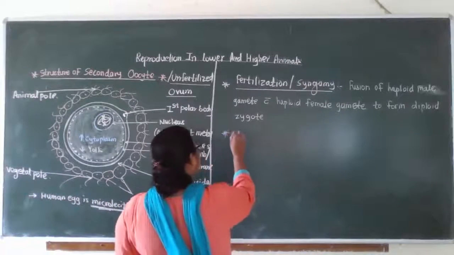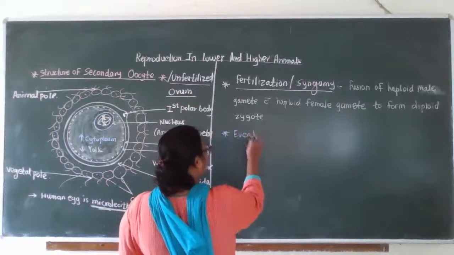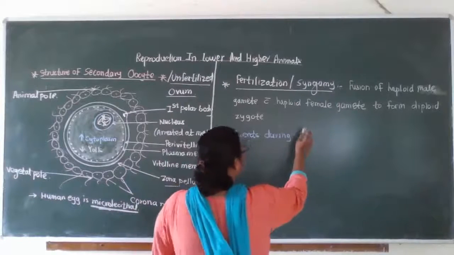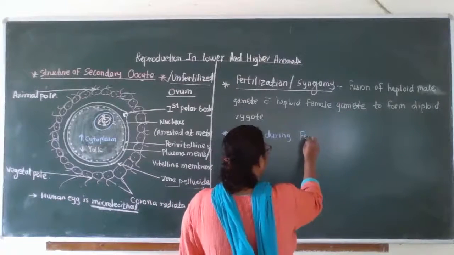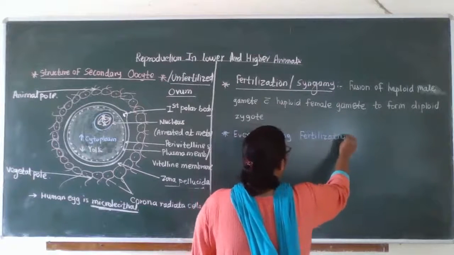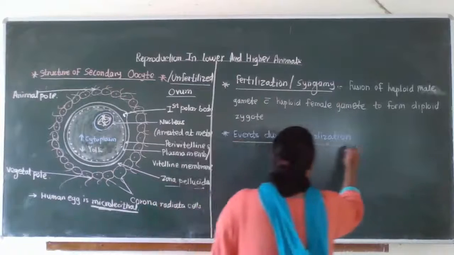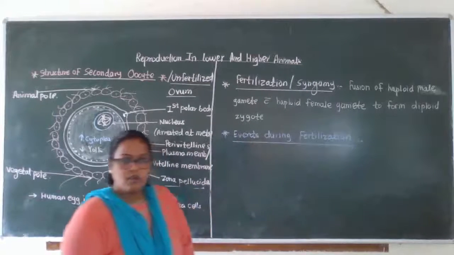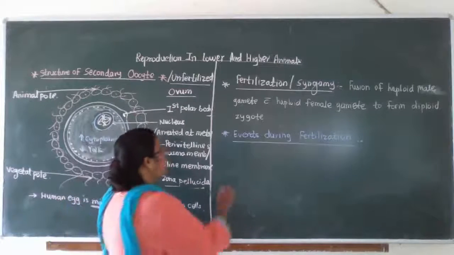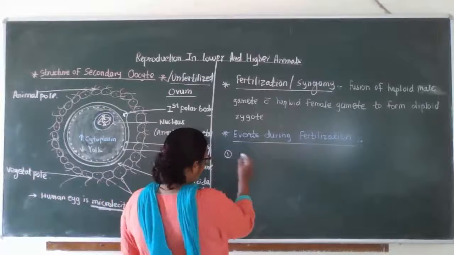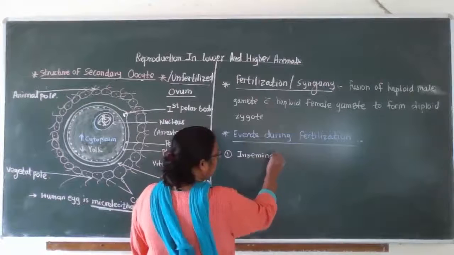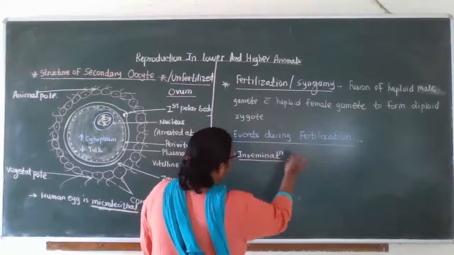Events during fertilization. The first event is insemination.